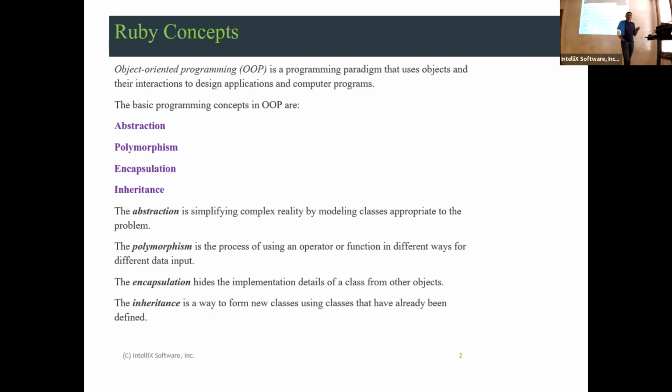They don't care about how it's being calculated or how the program is written. So it hides the implementation details of the class from other objects or other programs. That's basically encapsulation. It's more like a method, right? You write the method, but the method has to be visible within your program, and then only you can use it.